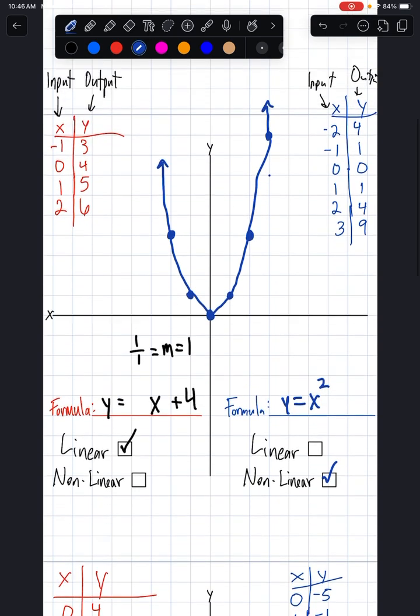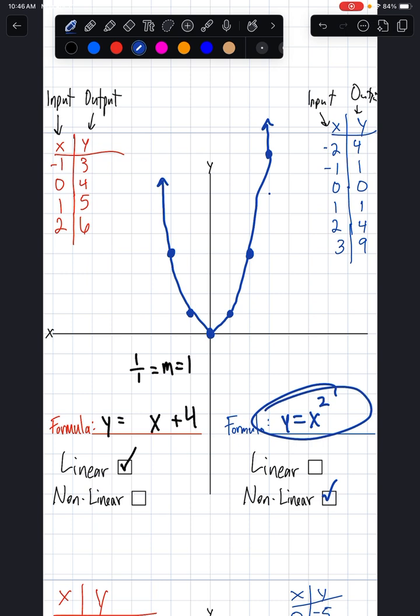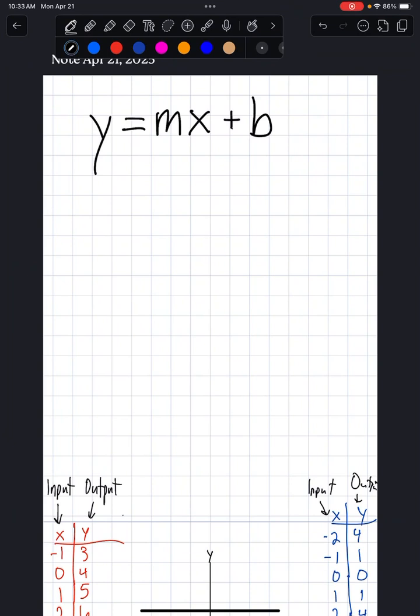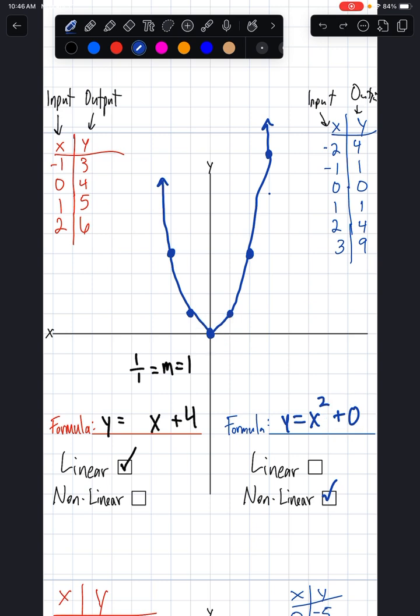But remember, with this equation, technically, it's going to be x squared plus 0. 0 is our y-intercept right here. But if there's no plus 0, you assume that it's right here, because we don't have to have plus 0 there. So sometimes you'll see an equation like that.